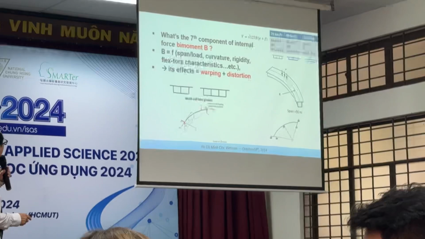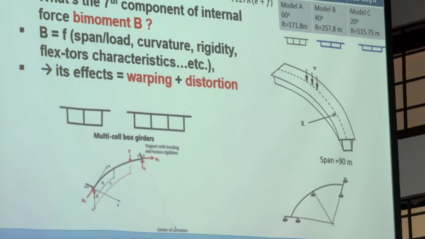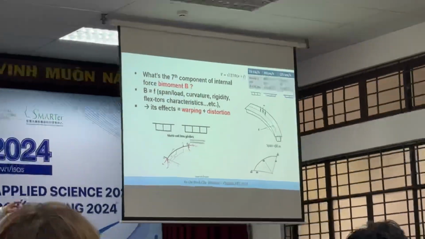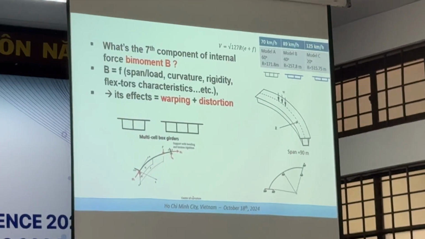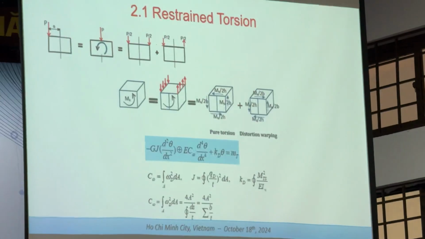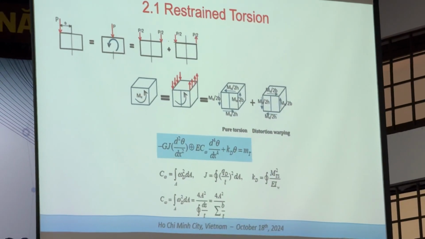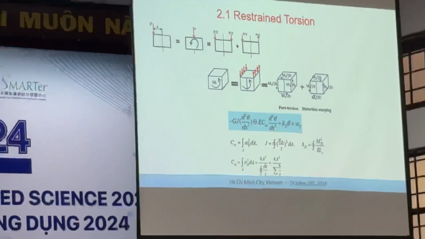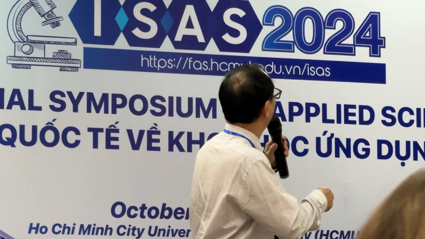So we want to say that the assumed theory to be verified is the effects of warping and torsion. You know that in a structure, even a straight structure subjected to eccentric, not concentric, loading, it causes a twisting moment.